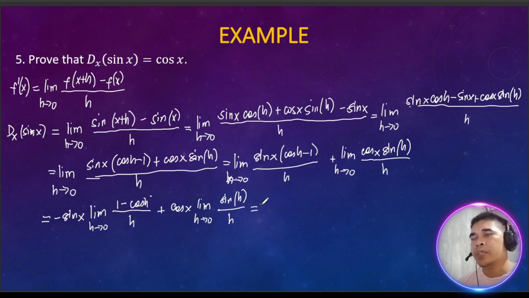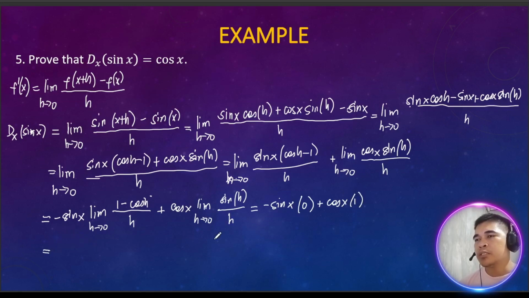So we can now apply the limit theorem. So, negative sine x times the limit theorem here: 1 minus cosine h over h as h approaches 0 is 0. Plus cosine x, and the limit of sine h over h as h approaches 0 is 1.